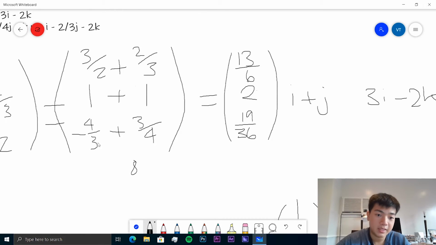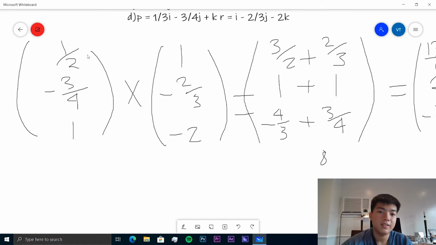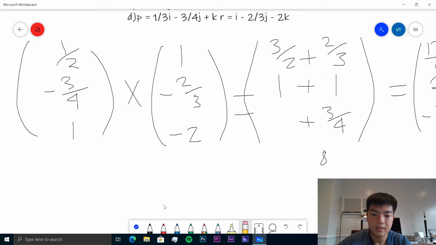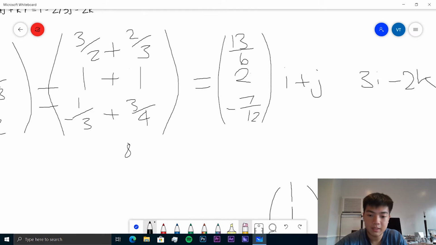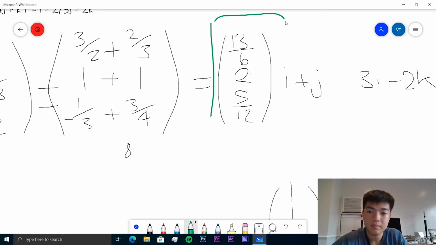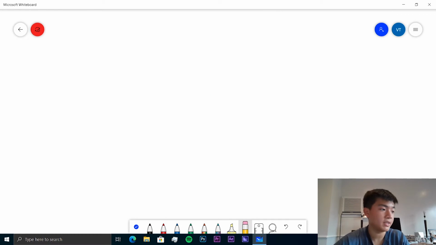And we have negative 16 plus 9, which is negative 7 over 12. 1/2 times 2/3. Oh, this is 2/6. Oops, why did I add them? Which is 1/3. Negative 1/3 plus 3/4 is only 5 over 12. So yeah, that was the answer. Nice. Okay, let's move on to the next question.